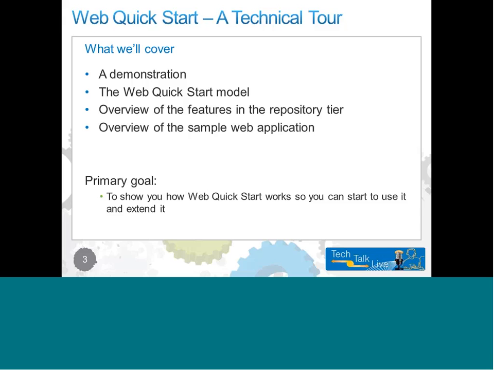Then I'll look at the features in the repository tier, and then at the example web application that's delivered as part of Web Quick Start and show you how that hangs together as well. The idea is to give you an overview of how it works, which bits you can get in and fiddle with, and then you can go away and have a play yourself and build something with it.